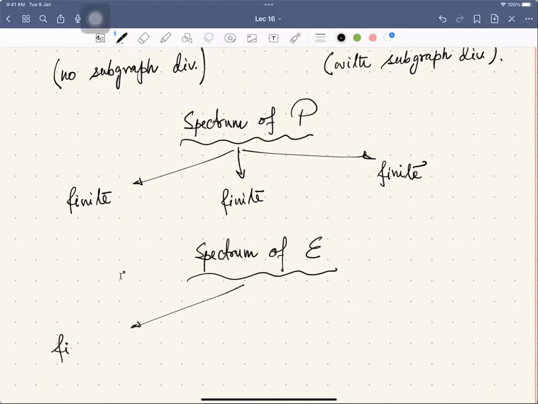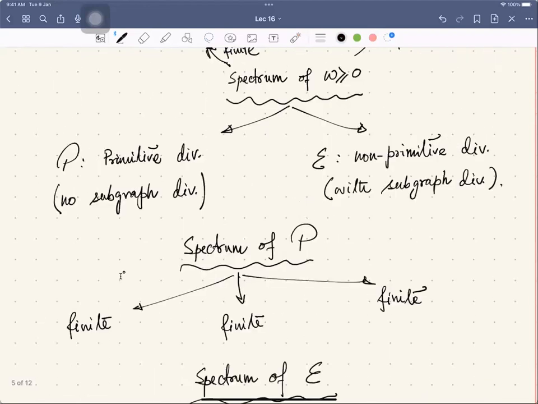It is finite in the first case, because we couldn't do this process that I just explained. If you increase the number of vertices to make a bigger graph on top of these primitive graphs, then it will become more convergent.